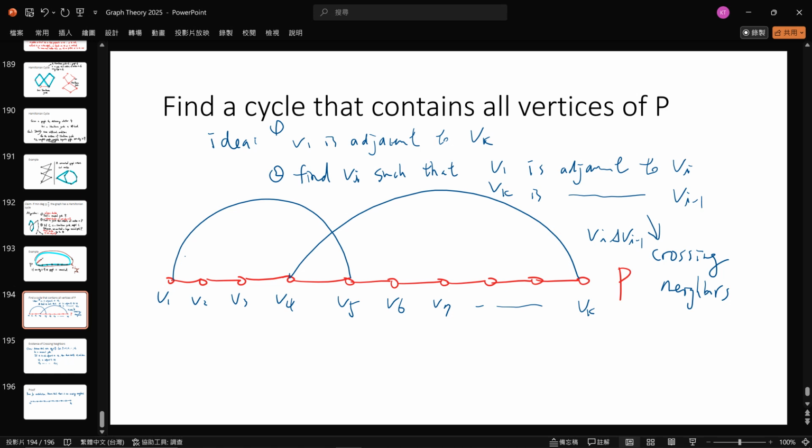If there's an outgoing edge from the endpoint towards some vertex that is not on the path, then this will not be a maximal path. Similarly for V1. If there's a neighbor of V1 that is not on the path, then we can use the edge to find a longer path.